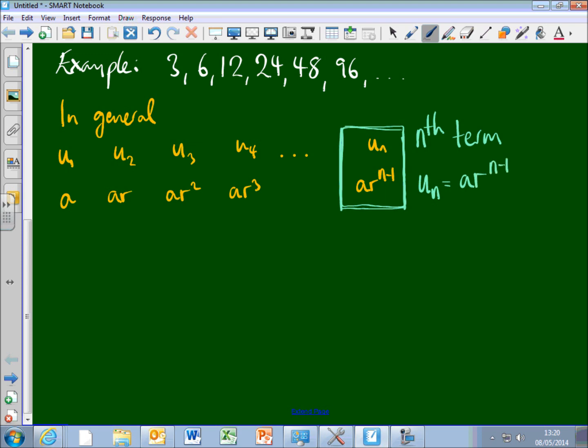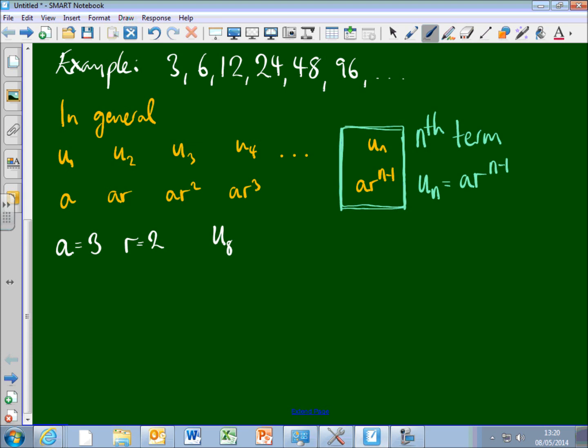Okay, you got it? So if we go back to this example up here, what's the first term? In my example, 3. And what's the ratio? 2. So I've got 1, 2, 3, 4, 5, 6 terms there. Let's say I want the 8th term, U8. So that's when n equals 8.